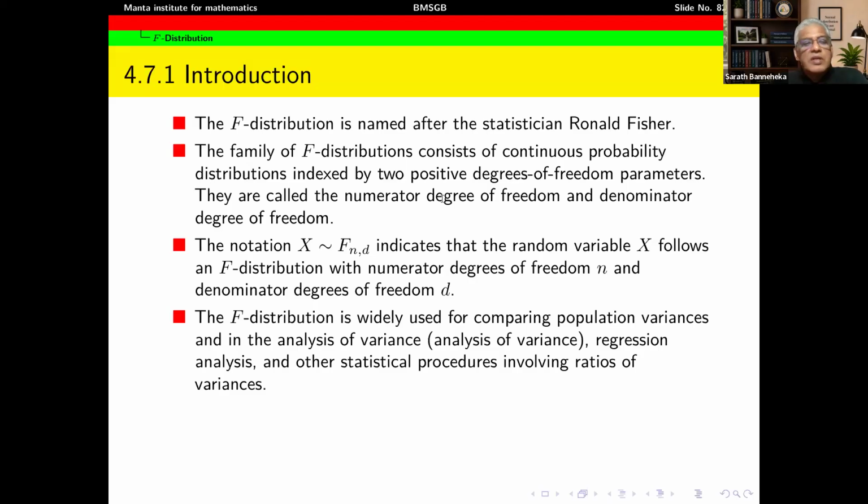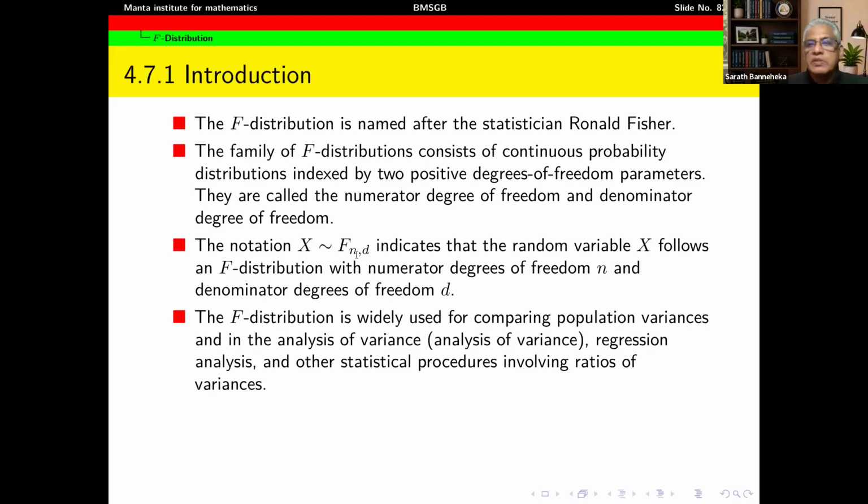The notation capital X tilde F subscript N,D indicates that the random variable capital X follows an F distribution with numerator degrees of freedom N and denominator degrees of freedom D. So in the notation, we write down X as F distribution, and then in the subscript, we write down two numbers.